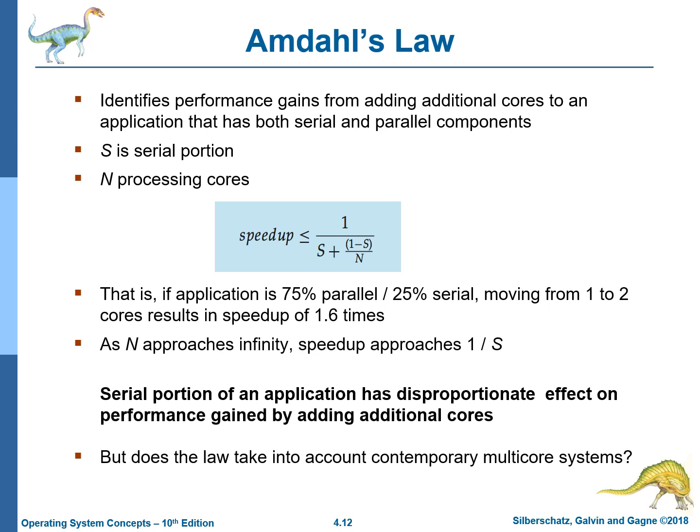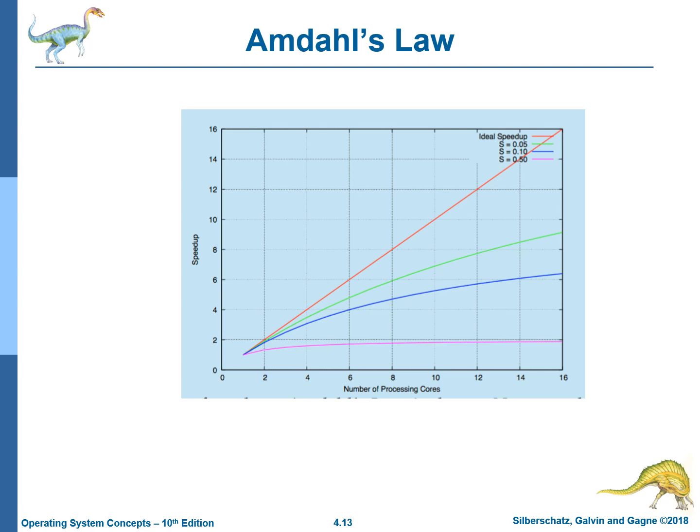As N approaches infinity, speedup approaches 1 over S. The serial portion of an application has a disproportionate effect on performance gained by adding additional cores. But does the law take into account contemporary multi-core systems? This is Amdahl's law.